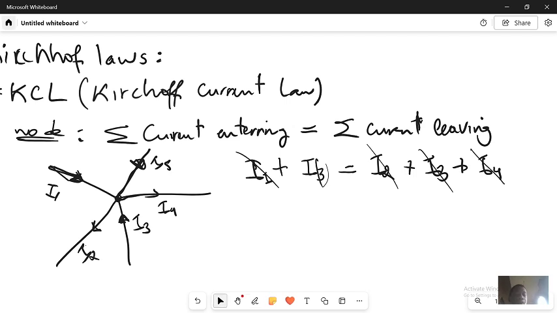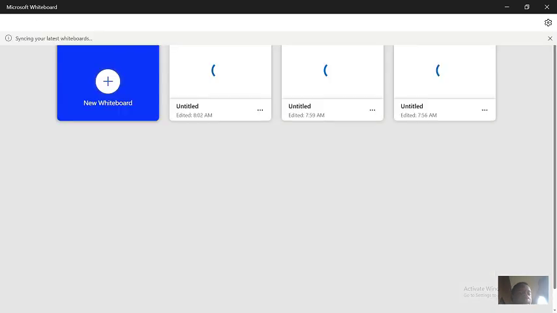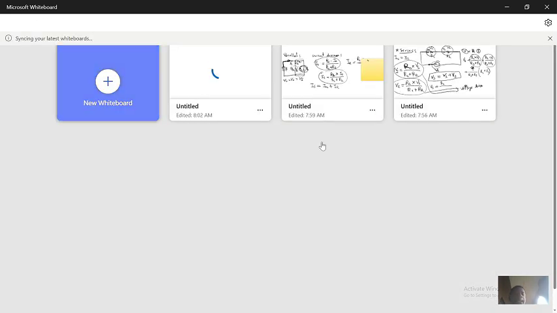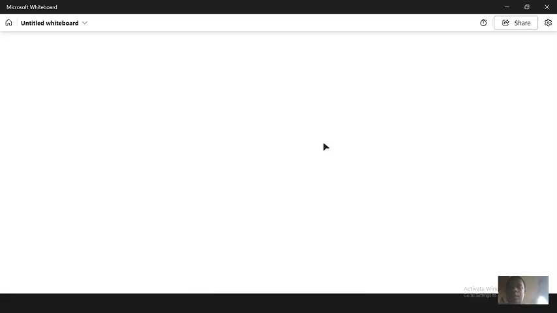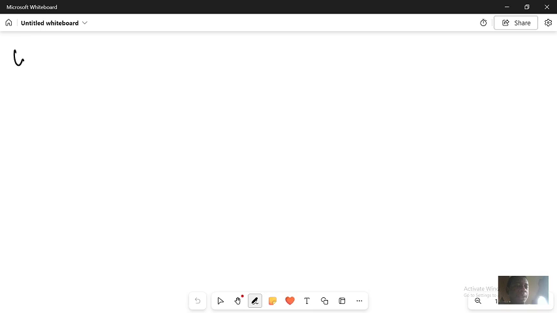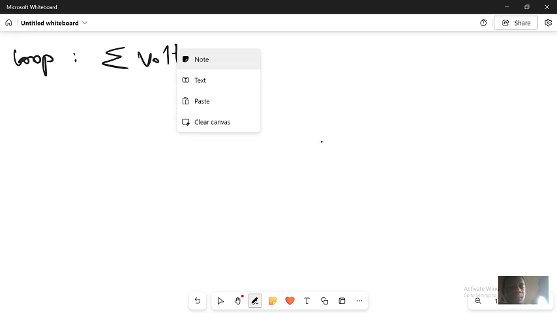Now, we're going to see the KVL. What does the KVL say? The KVL says that in a closed loop, in a closed path, the summation of voltage equals 0. Now let's see.